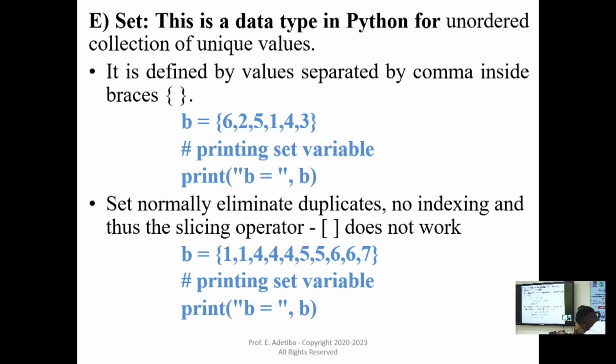You could decide to use another variable name if you don't want to overwrite what you have in your B. It's not compulsory that you use B. You can use any variable name at all. That's B equals curly bracket, the first one.